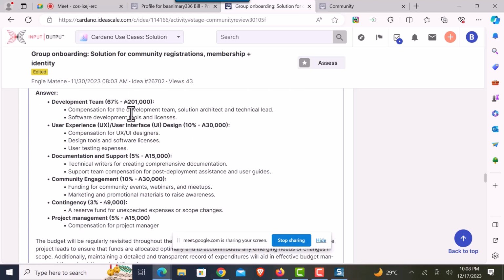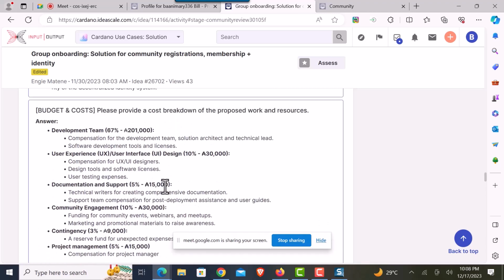You just have to go through and see if he has actually broken it down, and if you think it's okay. So what we have here, for me it's okay.